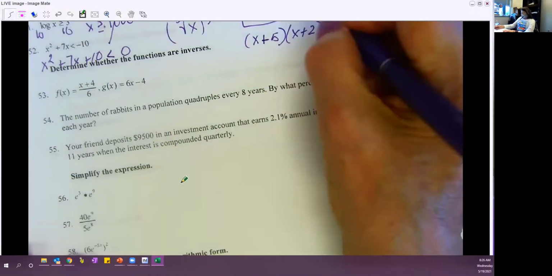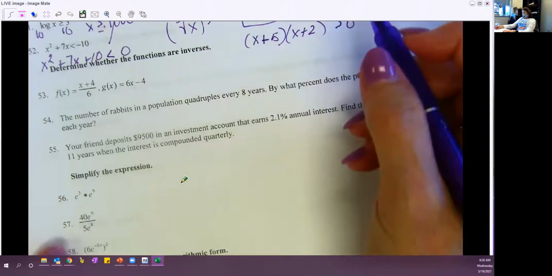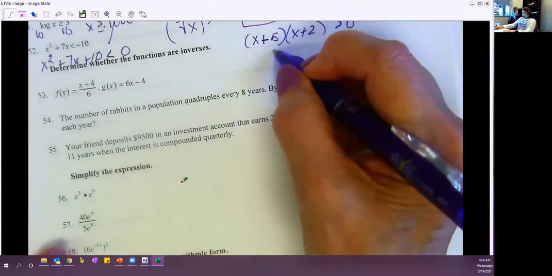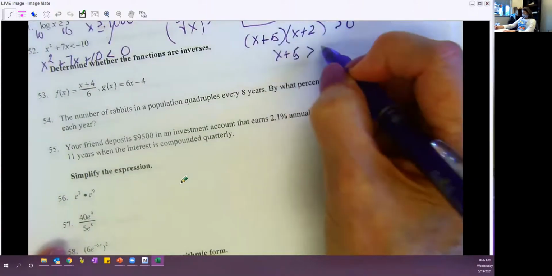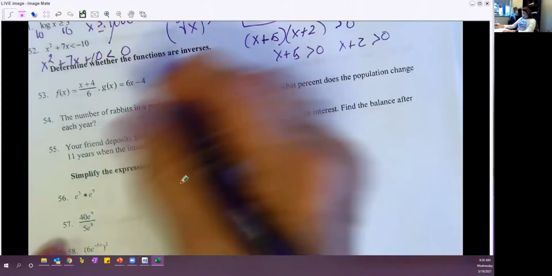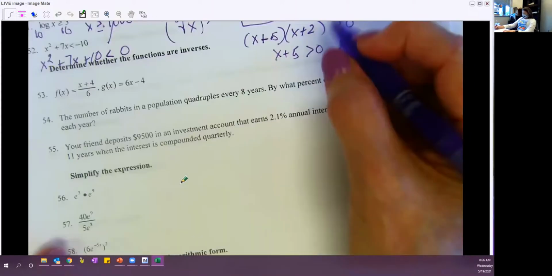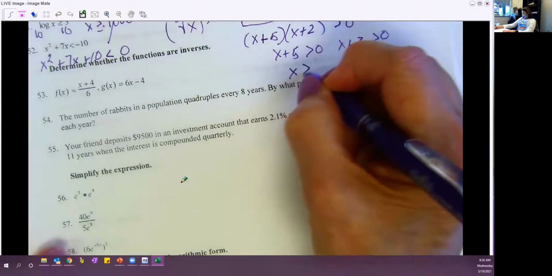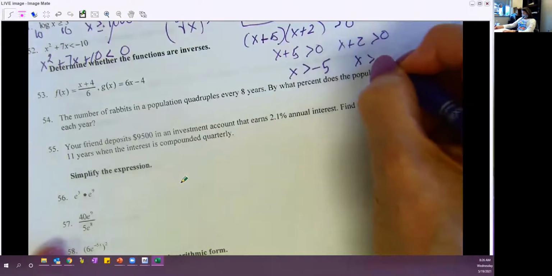So then we have to do the two parts: x plus 5 greater than 0, x plus 2 greater than 0. We didn't multiply or divide by a negative. So x has to be greater than -5, and x has to be greater than -2.